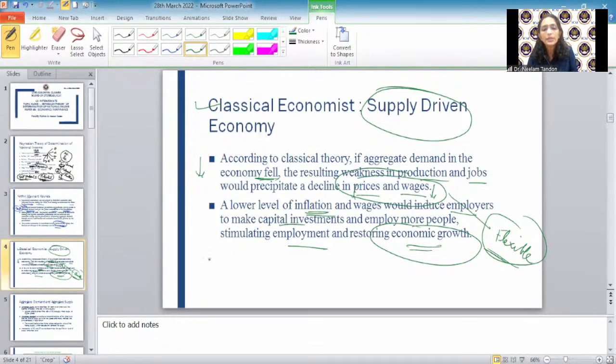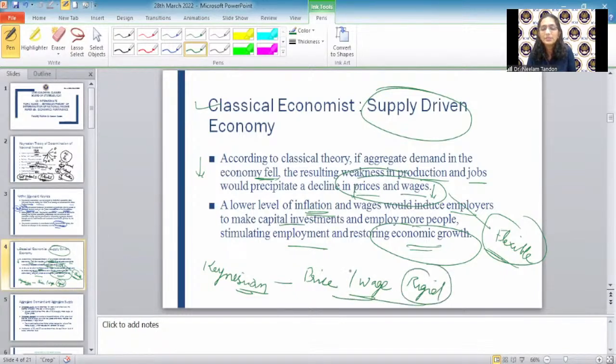So that's what Keynes said about prices. Keynesian theory says about what? Price and wage rigidity. Rigid prices, rigid wages, but classical economists believe they are flexible in nature. So that is the difference.